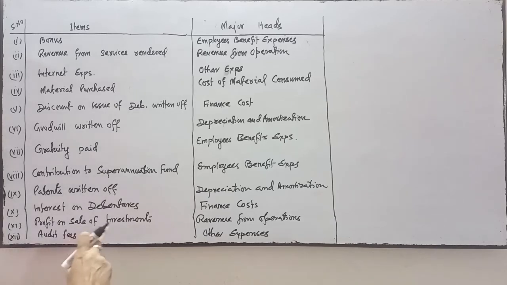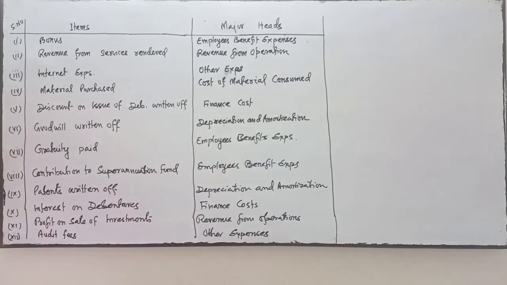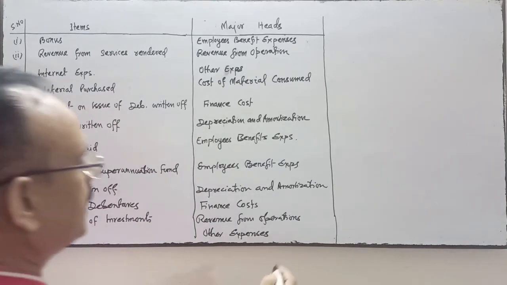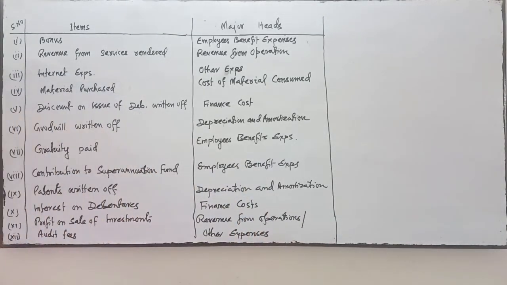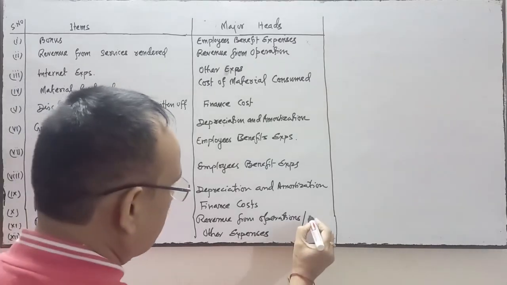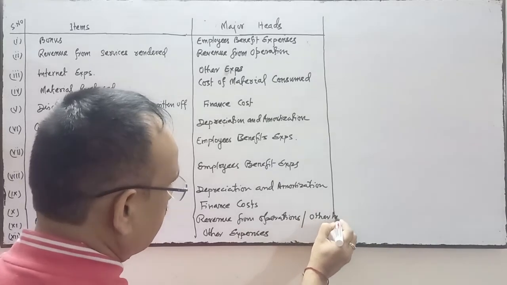Profit on sale of investment comes under revenue from operations if it is a finance company. If it is not a finance company, then this will come under other income.